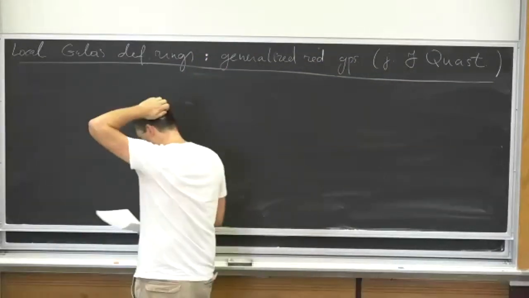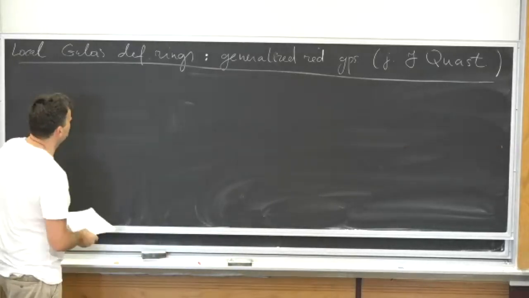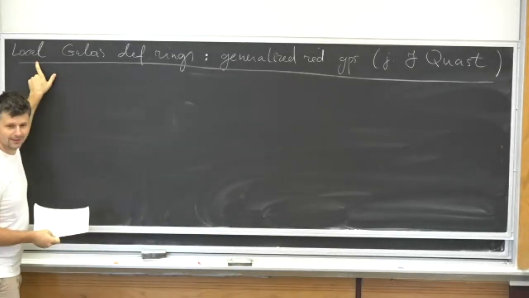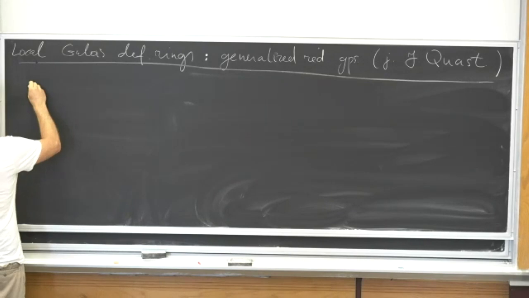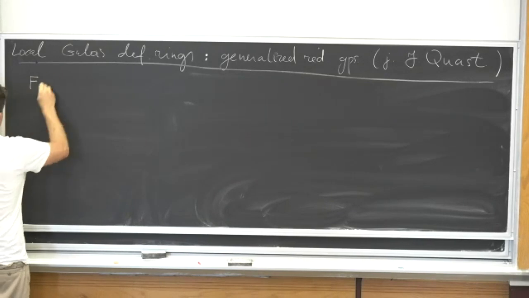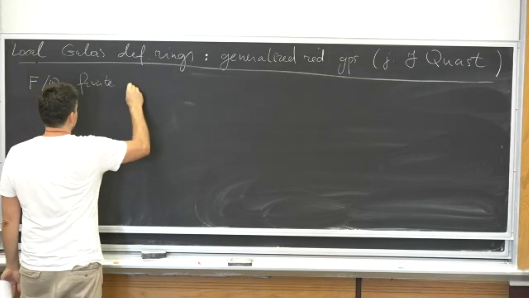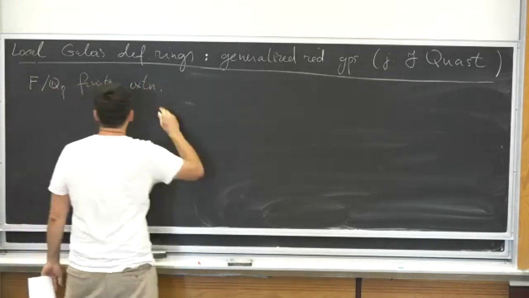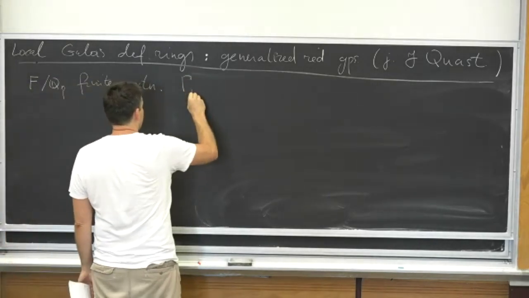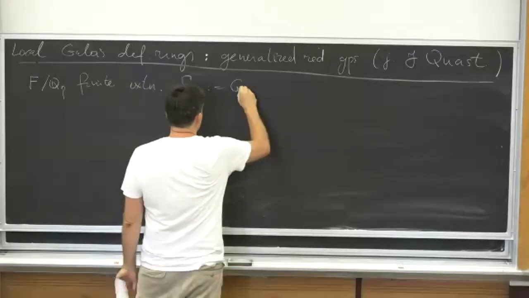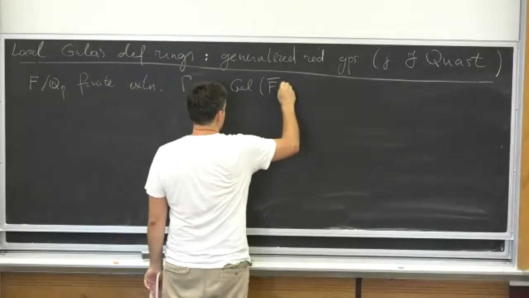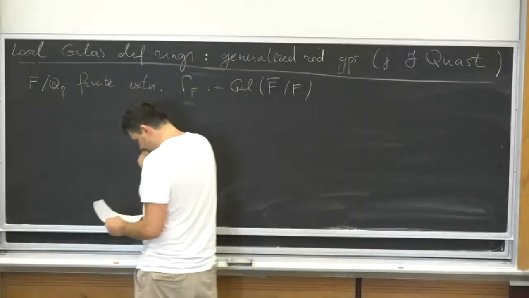And so now let me try and explain calculus. So I fix F over B. So that is a finite extension. And Gamma F is going to be an absolute Galois group.